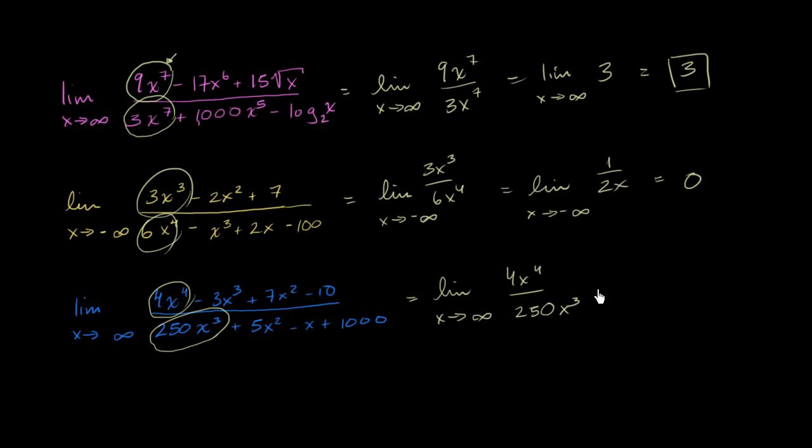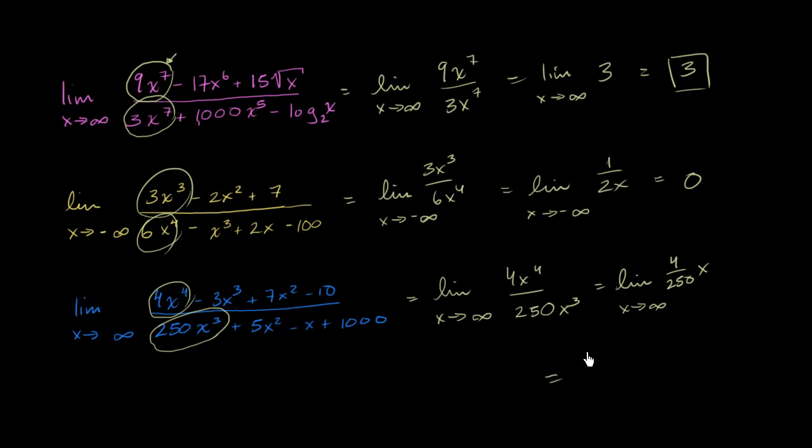Which is going to be the same thing as the limit of 4 over 250, x to the 4th divided by x to the 3rd is just x, times x as x approaches infinity.